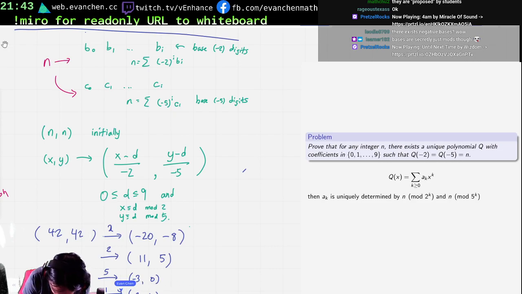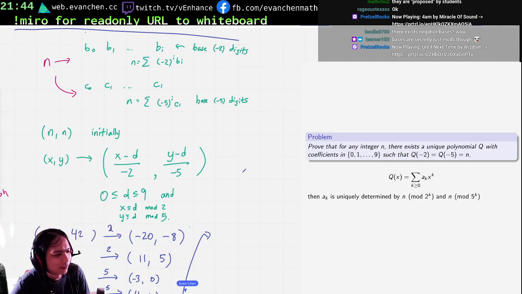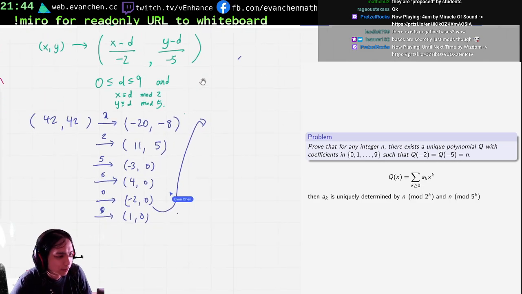Yeah, so I think it's not until towards the end where things start really getting messed up. Wait, this is wrong. All these digits should be 0 or 5. 5 here. 4. -2. 5? No, this should be 0 as well. 1, 0. This could take a while. I thought this one would be fast. Oh no, I picked 42 and it's still not fast enough.